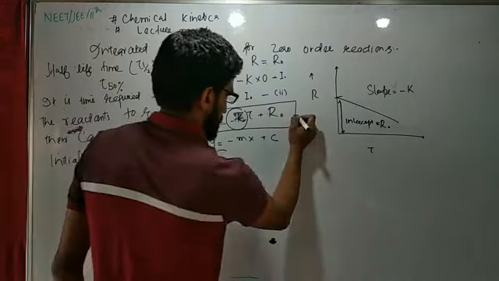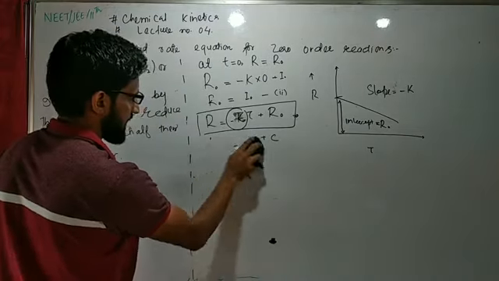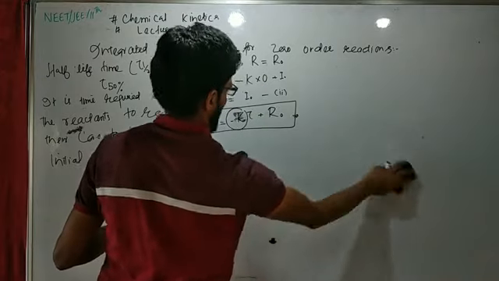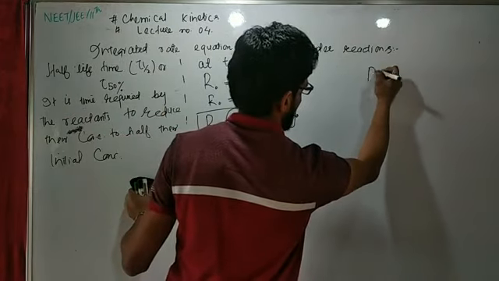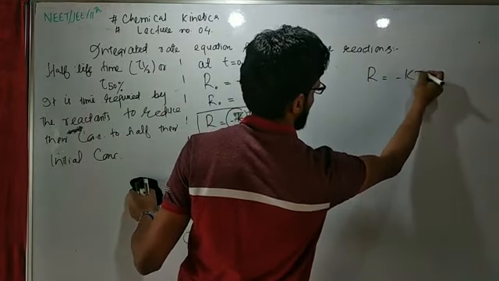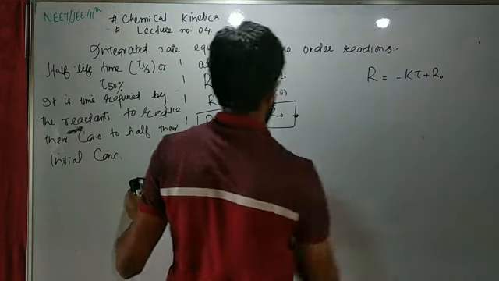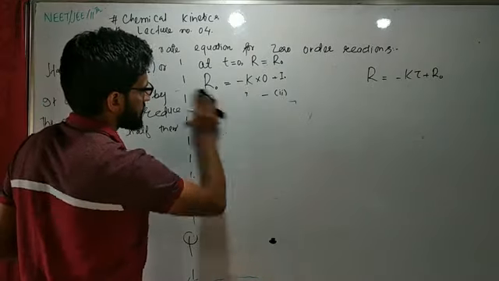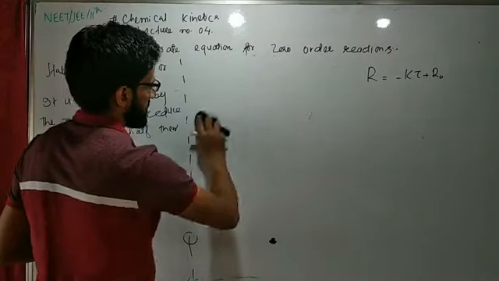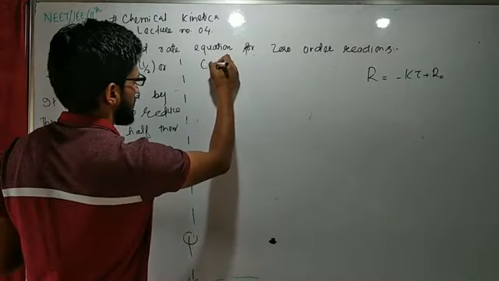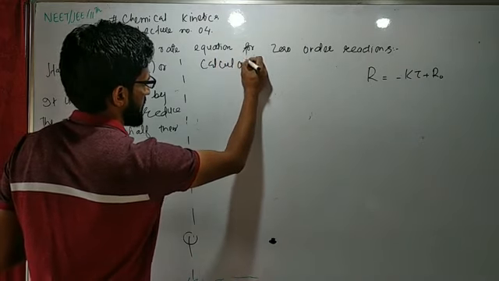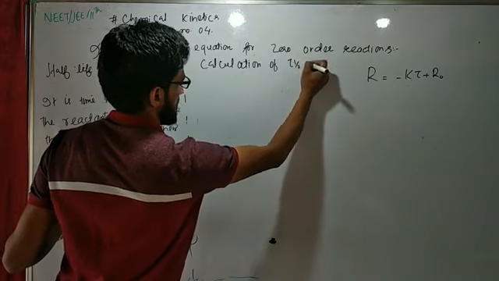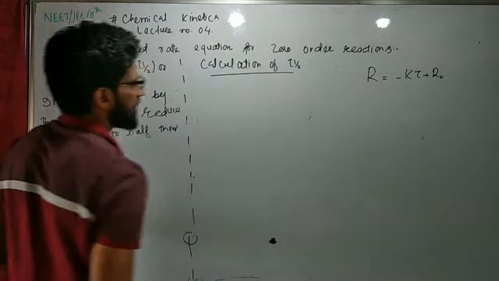Now you can calculate the half-life time from this equation. The general equation is R is equal to minus kt plus R naught. This is the equation for zero order reaction. Now, calculation of T half for zero order reaction.